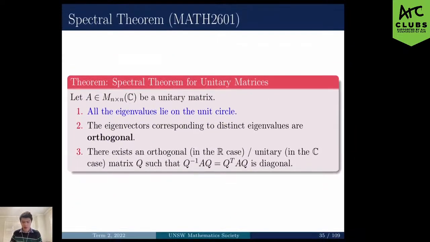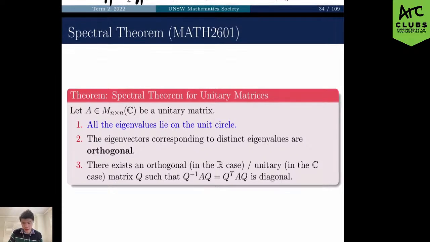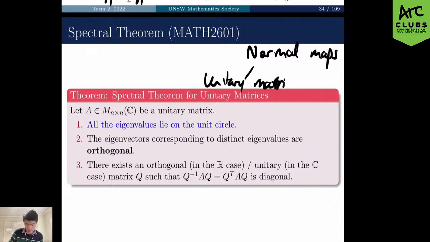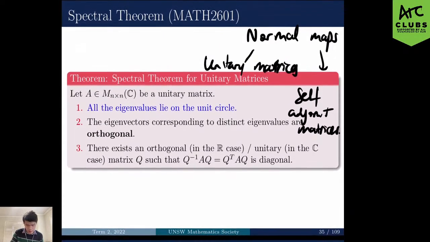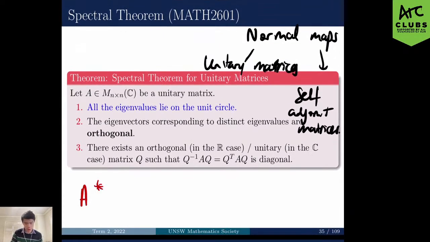And this one over here, we also know that there are two subsets, another subset of normal maps. So normal matrices, we can have unitary matrices. And we can also have self-adjoint matrices. What is a unitary matrix? It's basically a matrix such that its conjugate transpose is equal to its inverse.